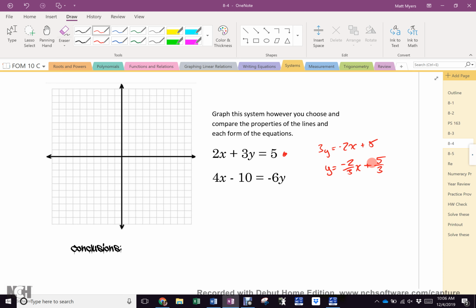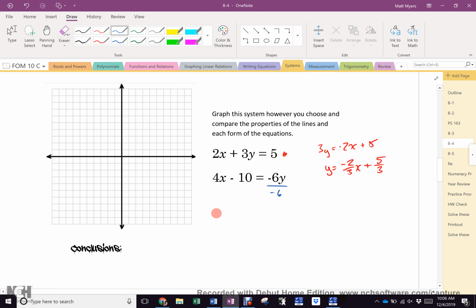I could wait for the other one, or I could change the scale, right? So, either way, this one, what happens? It's an easy one. All I got to do is what? Divide by -6.